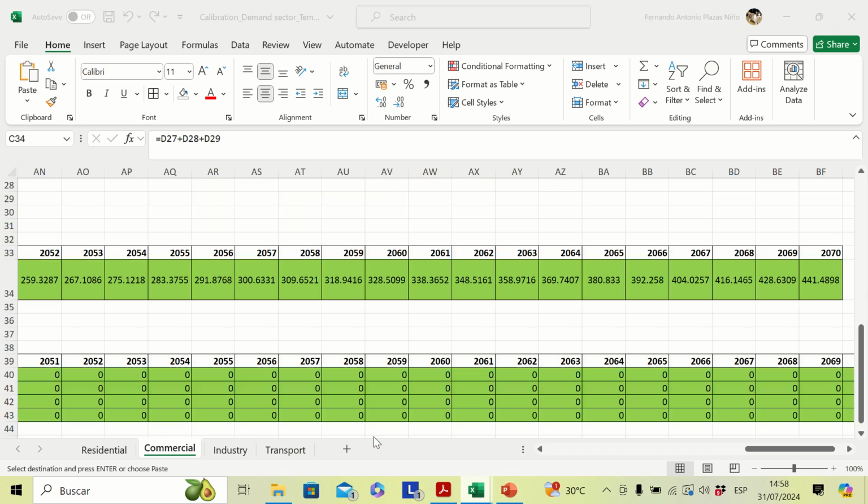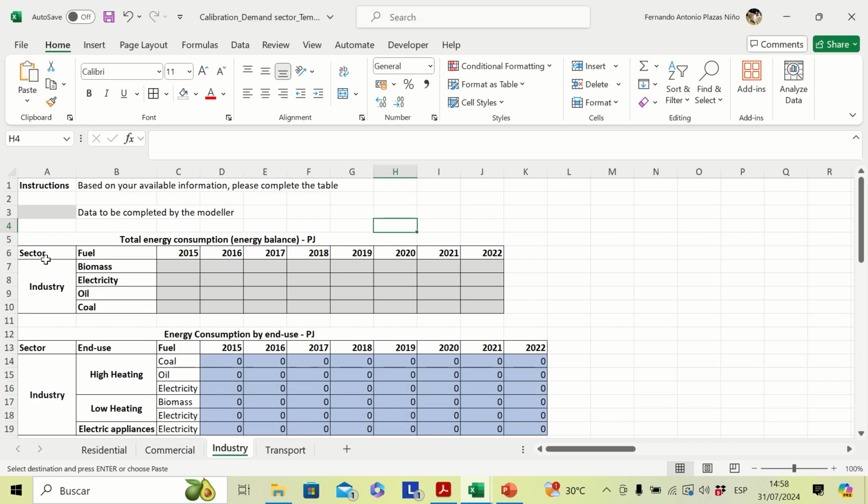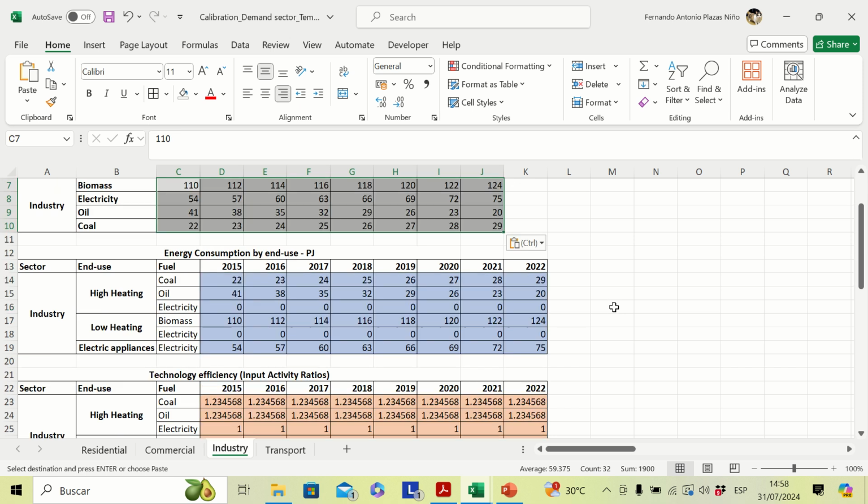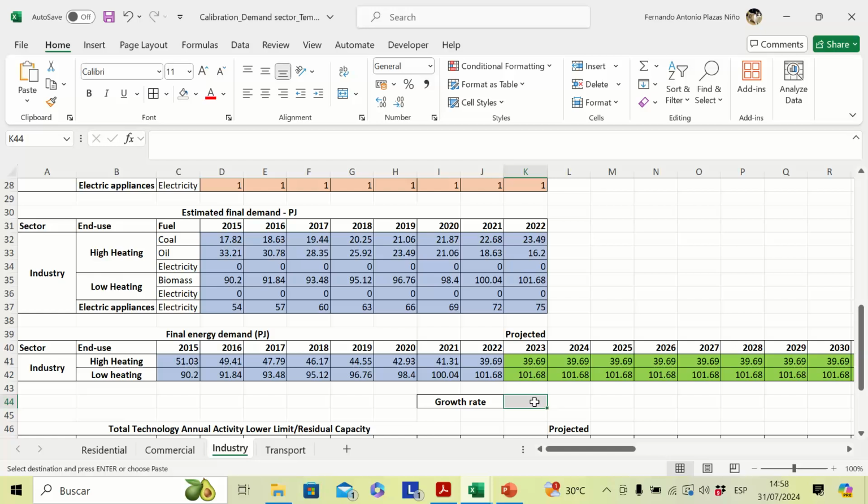In our calibration template, you have again the third tab is about industry, so you just need to copy the values or complete it according to how you have those values in any format that you have it. And again, the growth rate is important, 0.03. For this example, you need to determine what is the best growth rate estimation for your specific country.